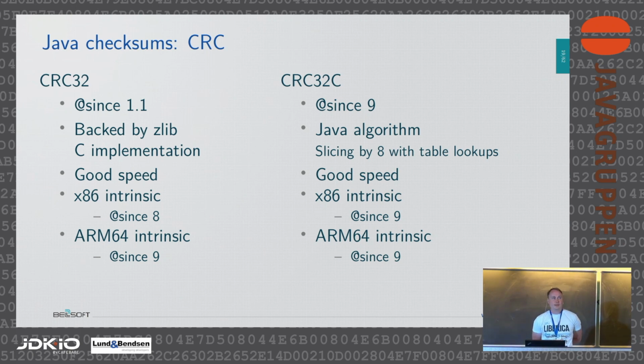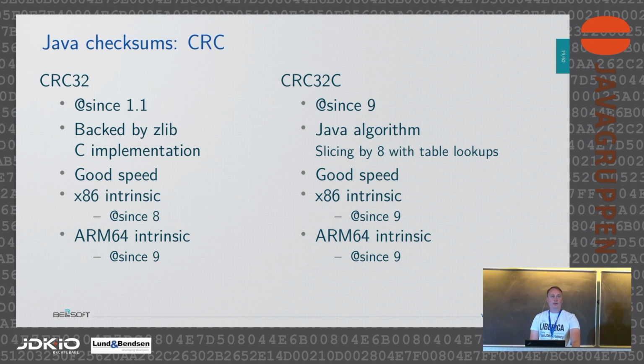You see the difference. The CRC32 was also there from the beginning, and it is, in this sense, very similar to Adler. It's also backed in the same fashion by C code, and by the way, it had intrinsics not so long ago, written in macro assembly.